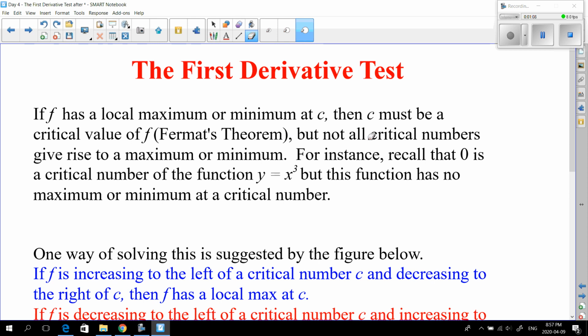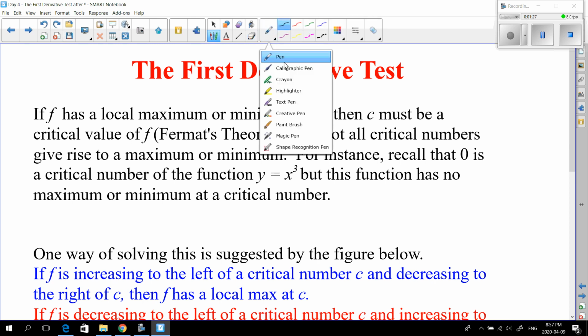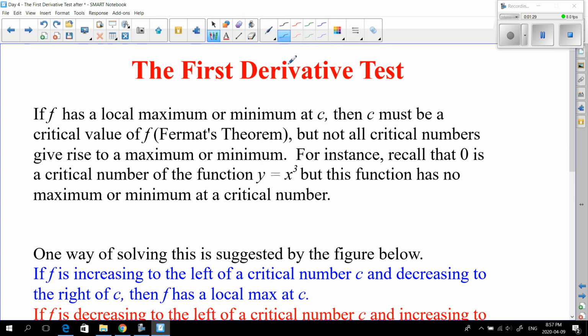It goes on to say that not all critical numbers give rise to a maximum or minimum. For instance, recall that 0 is a critical number of the function y equals x cubed, but this function has no maximum or no minimum at a critical number. So remember, when we're doing the first derivative test, what we want to do is calculate the first derivative.